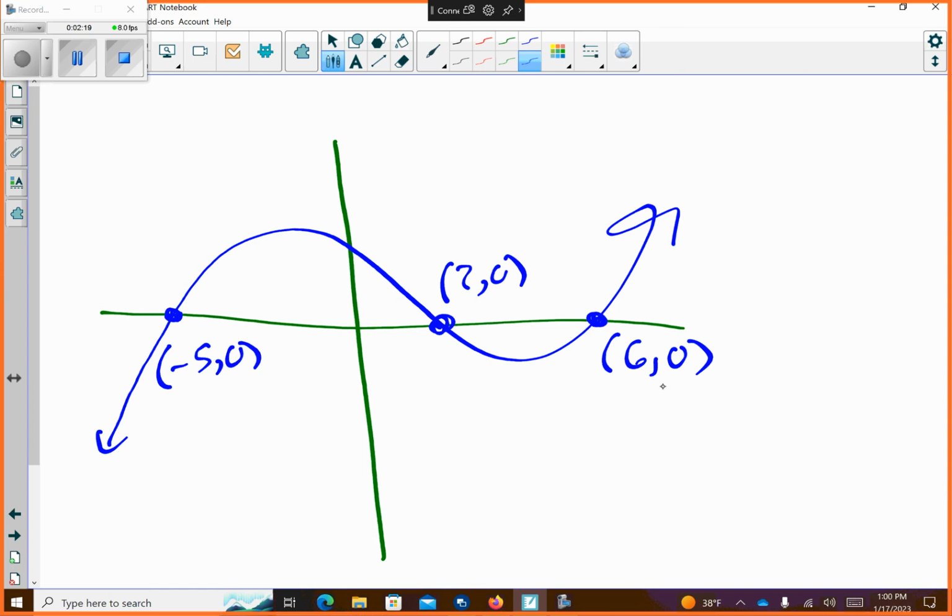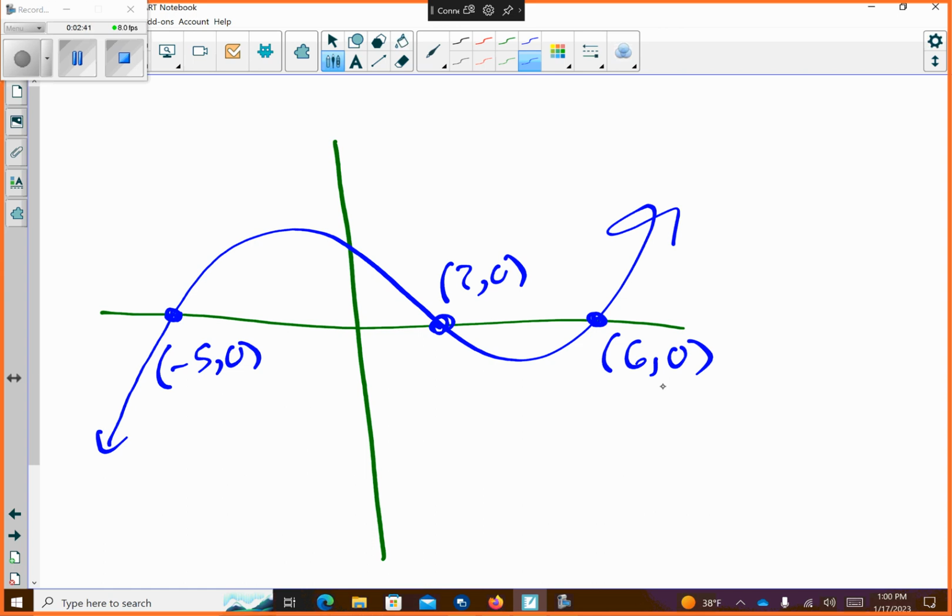What are some things, just by looking at it? Everyone agree it crosses the x-axis 3 times? I'm not really too concerned that it crosses the y-axis because most things that we graph in math will cross the y-axis.